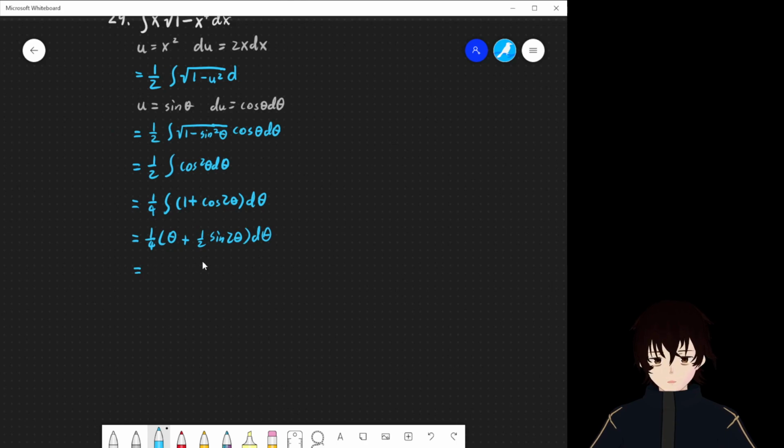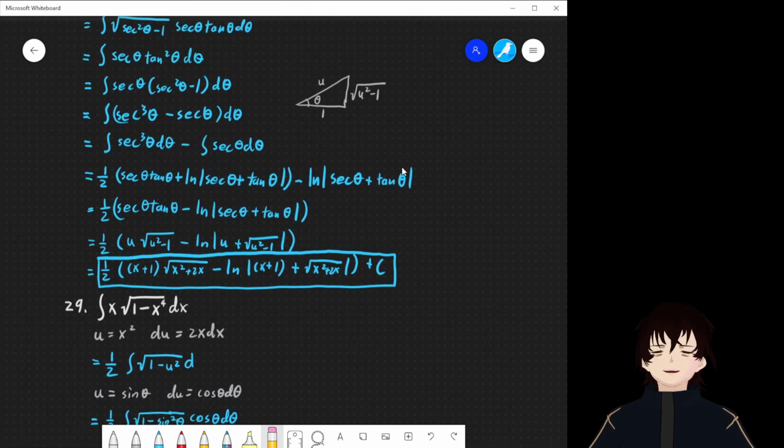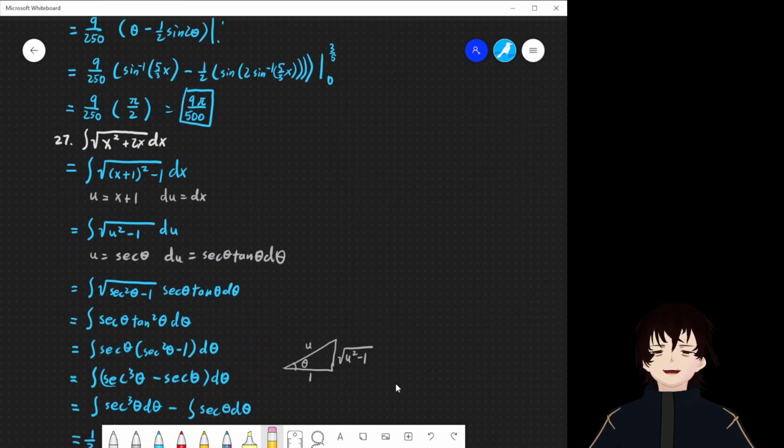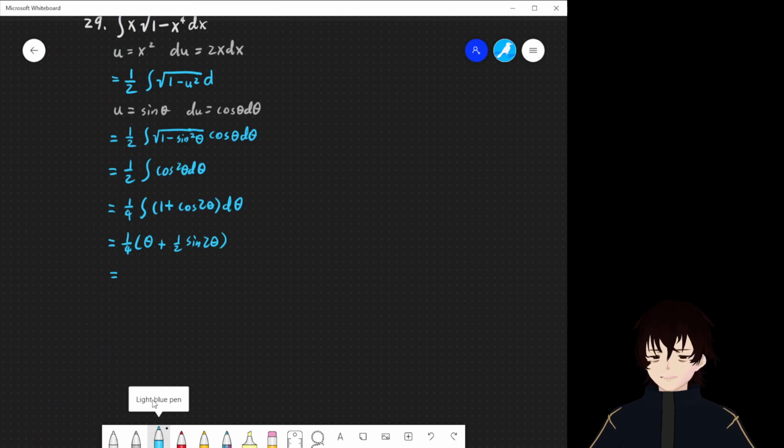This is equal to, wait, why did I write a d theta? Hang on, did I write a plus c for the last question? I did. It happened again. I questioned whether or not I wrote the plus c, but of course I did. This keeps happening to me.